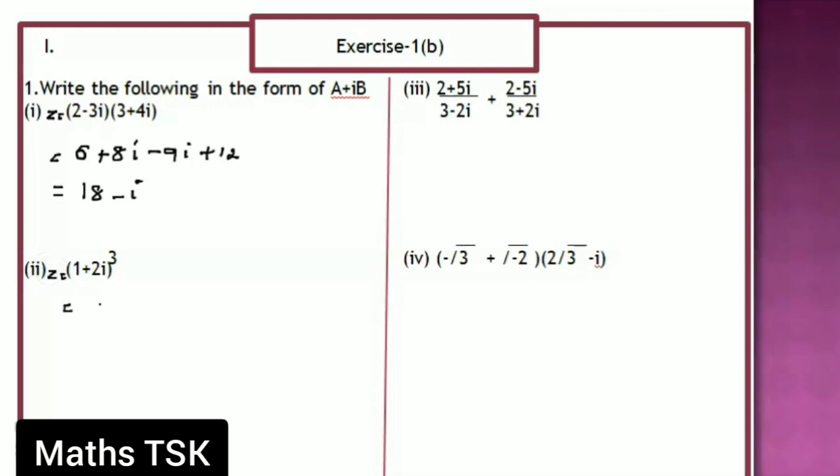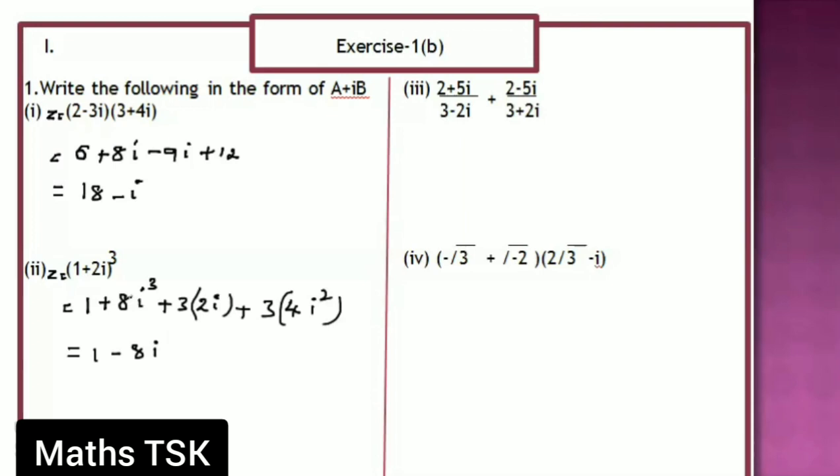Similarly, what is the value of this? So let us write it using a cubed plus b cubed plus 3a square b plus 3ab square. a cubed is 1, b cubed is 8i cube, 3 a square b, plus 3 a is 1, b square is 4i square. Now I can write this as 1 minus 8i, since i square is minus 1.